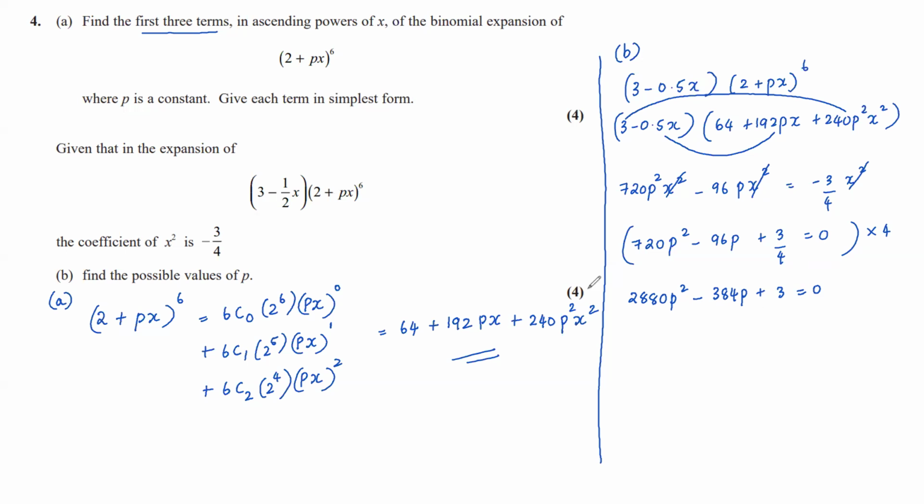Which will give us p equals either 1/8 or 1/120. This will be the final answer. It's a 4-mark question, so it will be better if you show the working of this quadratic equation. You can use the formula method, that will be better. That's my suggestion, but you can use factorizing or the completing the square method, whichever is convenient for you.